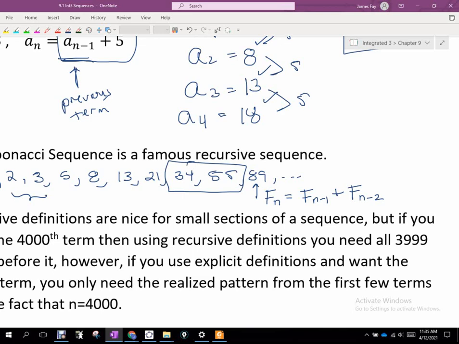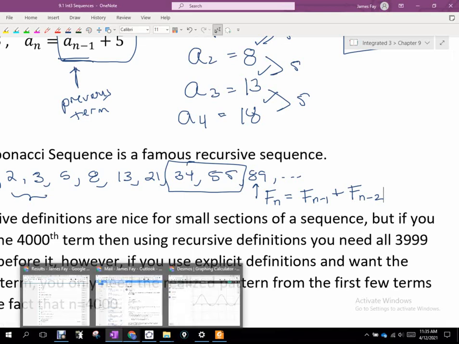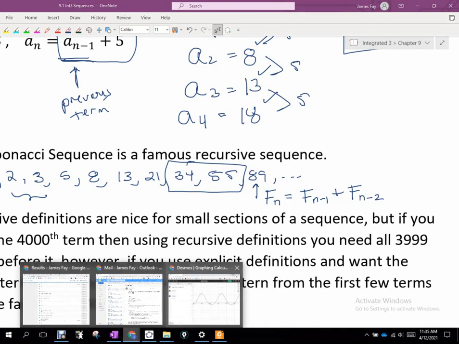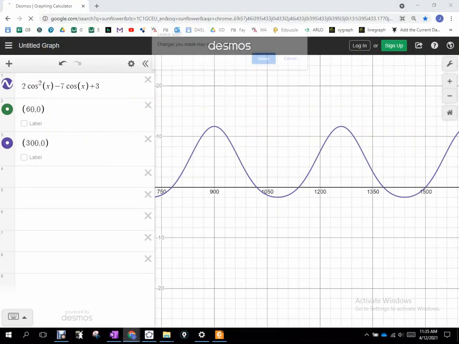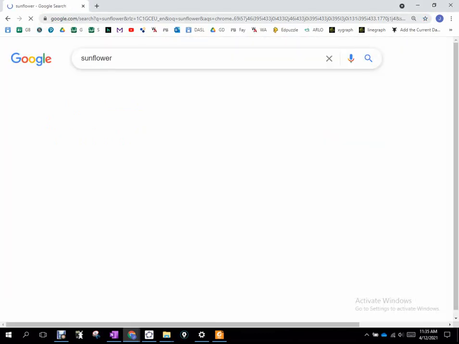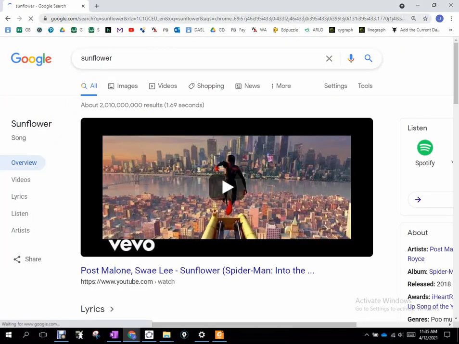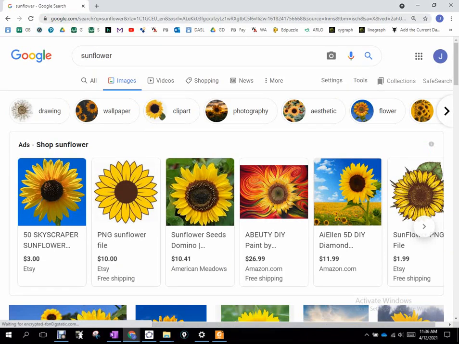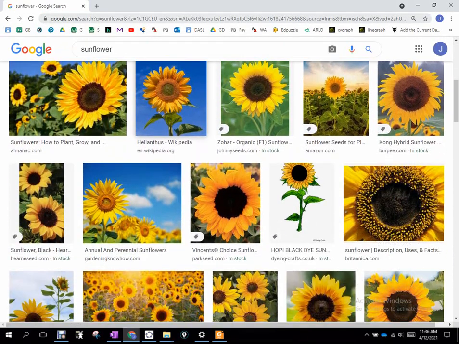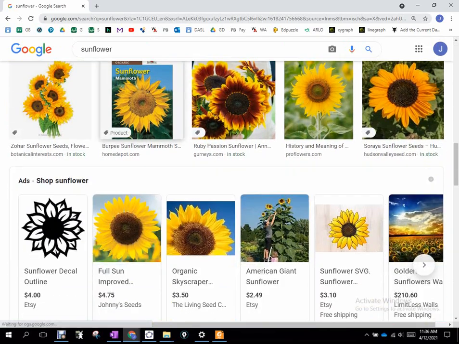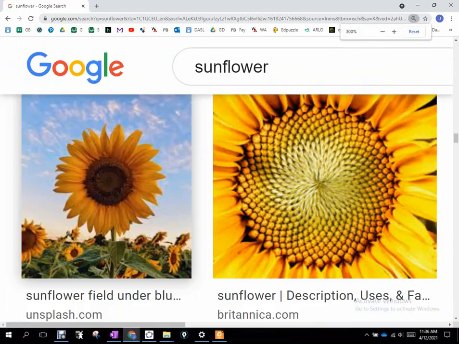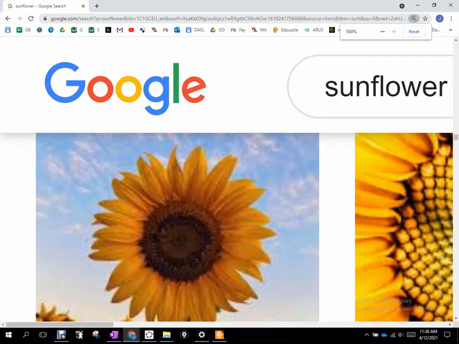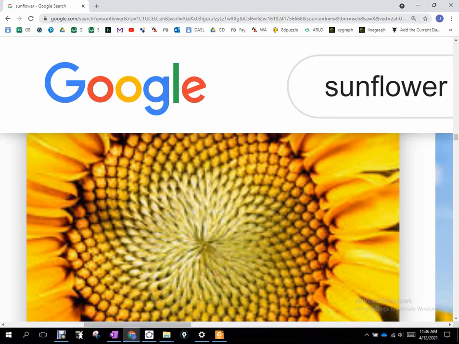Think about sunflowers. You guys ever looked at the inside of a sunflower? Pine cones are the same way. All right, do you see?